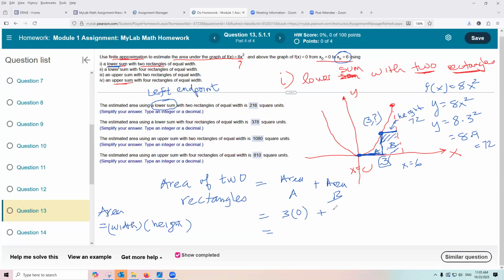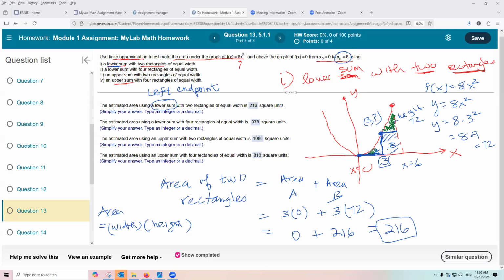All right, and so now we have the width for area B is 3. The height is 72. So I'm going to end up with 3 times 72, which is 216. So our estimate for the area under this curve is 216. Well, this is a lower estimate, right? Because I could see, if I highlight in green, I didn't count this area in my estimate, which I should have.